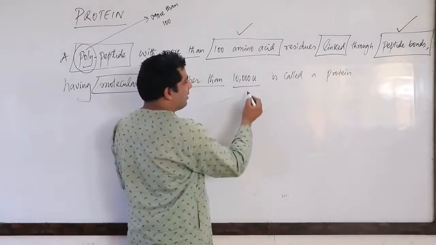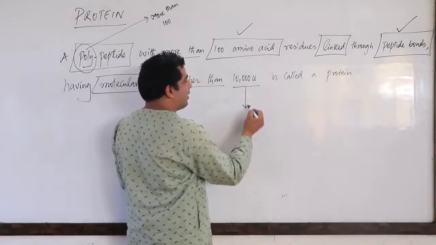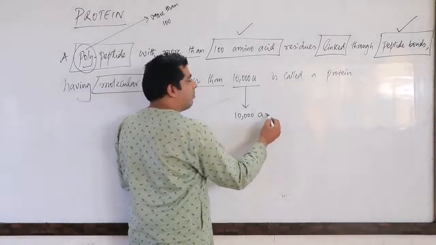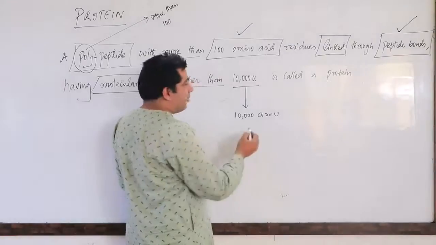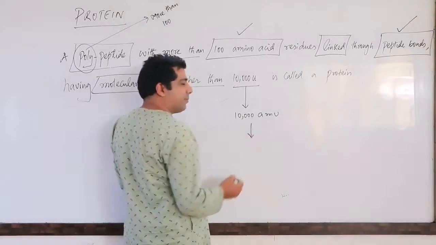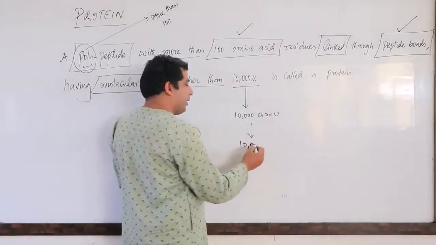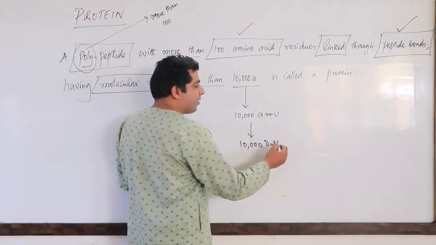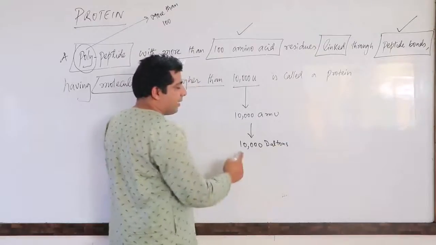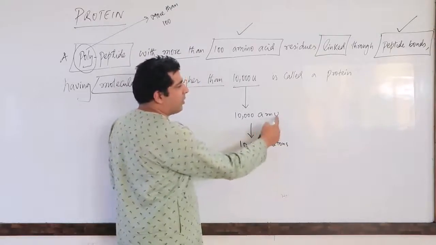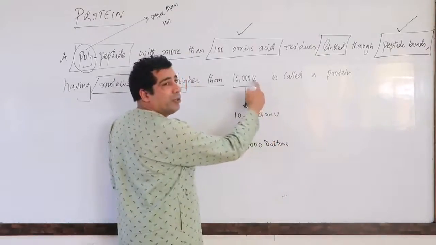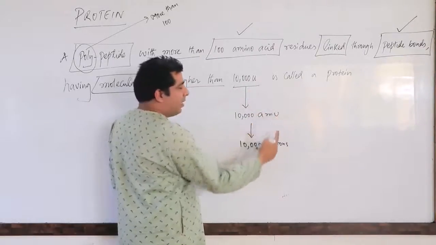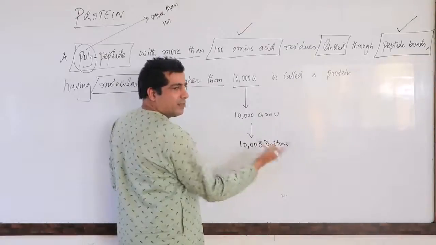Okay? In place of this, you can also write it as 10,000 atomic mass units, or 10,000 Daltons. Atomic mass unit, or unified mass, and Daltons are the same.